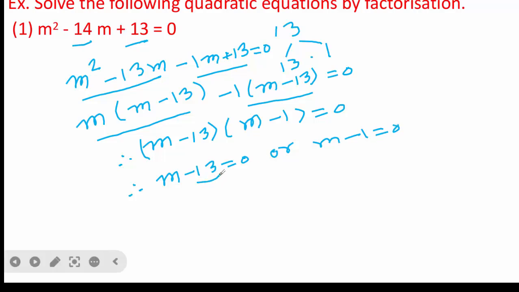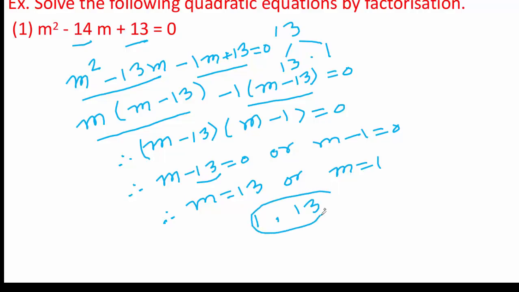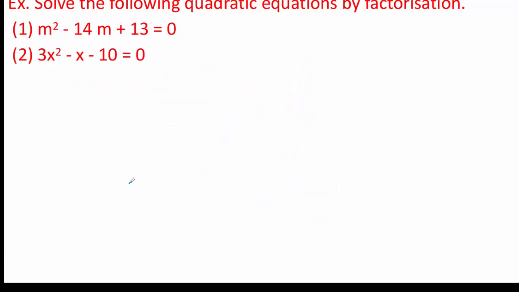If I transfer this minus 13 to the right hand side, I will get m equal to 13, or from this, if I transfer minus 1 to the right hand side, I will get m equal to 1. Therefore, 1 and 13 are the roots of this quadratic equation. Our second equation is 3x square minus x minus 10 equal to 0.